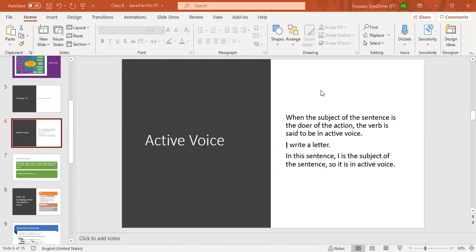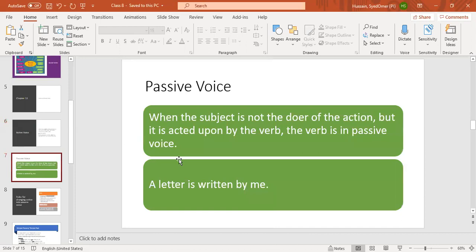Now what you have to do, I was telling you, when the subject of the sentence is the doer of the action, then the verb is said to be in active voice. Now when we say passive voice, it means that an action is done upon the subject. Something done upon the subject, then the verb is said to be in passive voice.